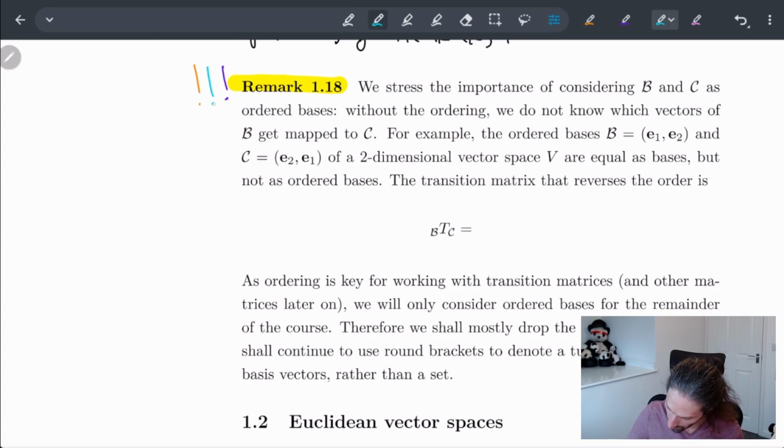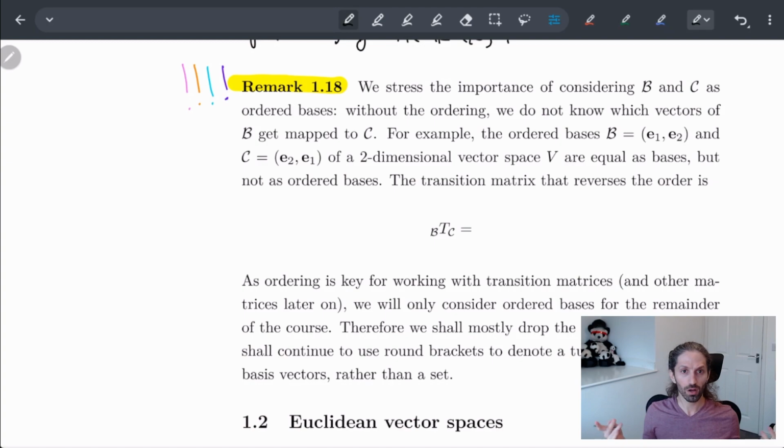This is a big remark on why this is important. Without ordering the bases, if you look at the column vectors, we don't know which columns things are going to end up in. I could just put them in random columns and theoretically they should all be the same.